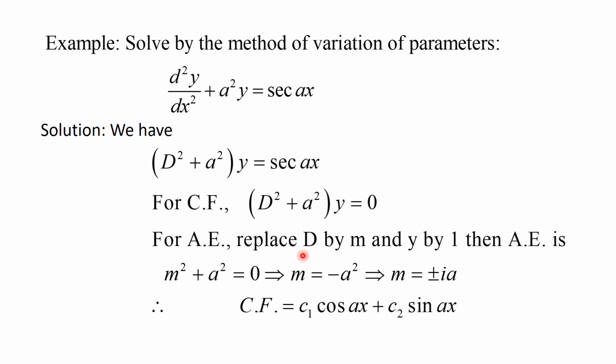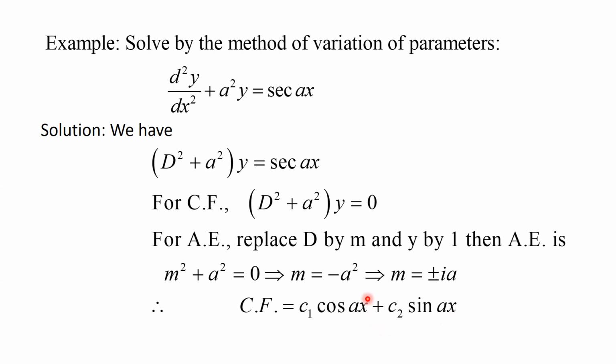Then auxiliary equation is m square plus a square is equals to 0. Now factorize this equation, then roots will be m is equals to plus minus i a. So roots are imaginary roots. So complementary function will be c1 cos ax plus c2 sin ax.